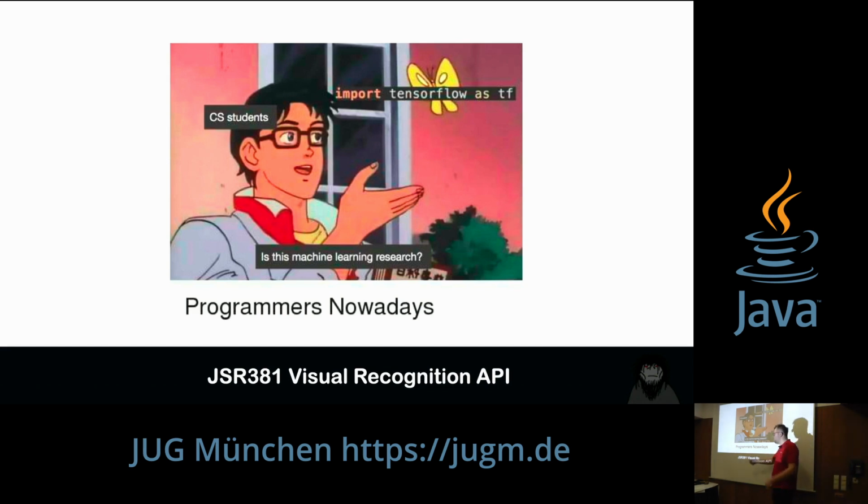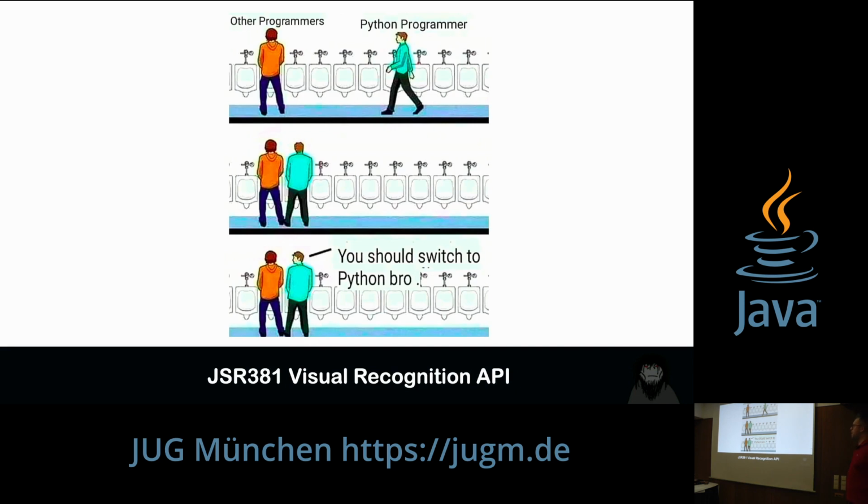However, Java is also trying to go into that space, because like we said before, Python is probably the standard for machine learning, and every language wants to get a bit of that ecosystem, Java as well.